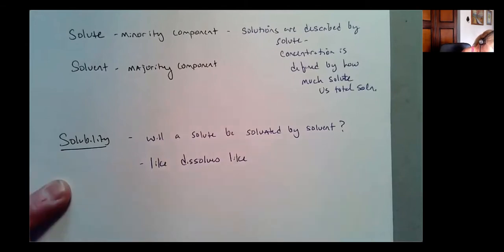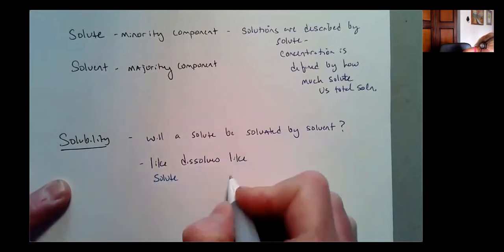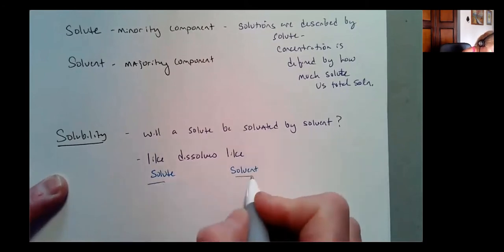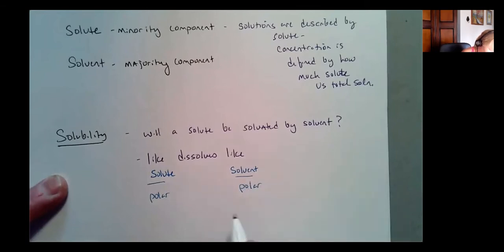And so that means if I have a solute and a solvent, let's say my like would be, if this is polar, this is going to be polar. And then those have the ability to be solvated by each other. If I have a non-polar solute, then I would want a non-polar solvent.